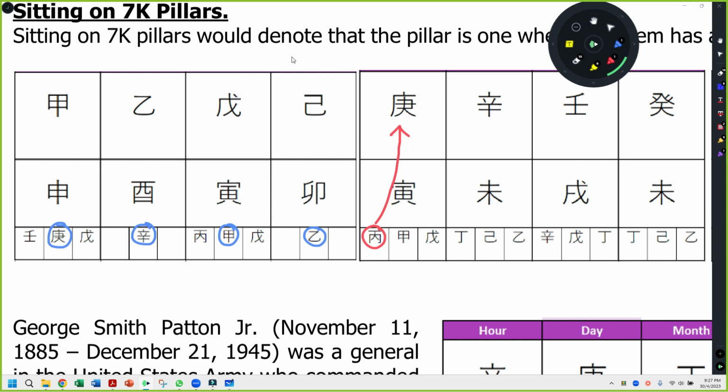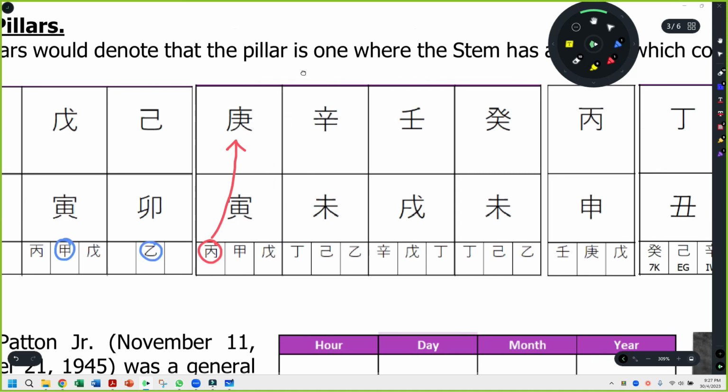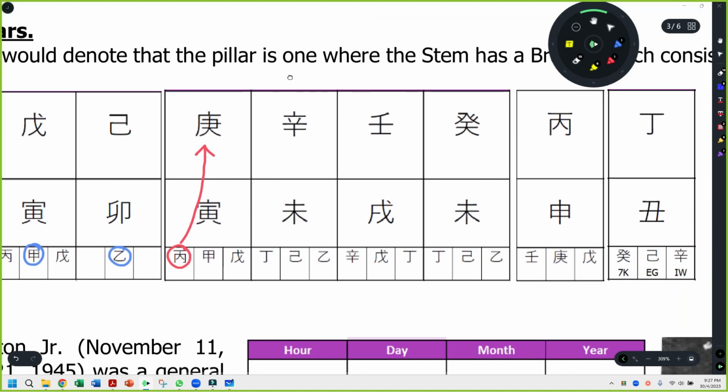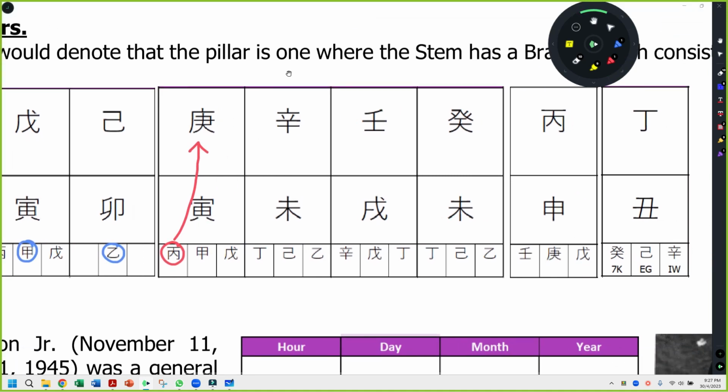Because here, can you try to find another one that is better than this? That's why some of these 7 killing structures are a bit special. Can you find another Geng that sits on it? Can you find? That will be the question.